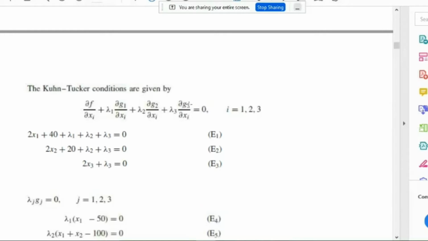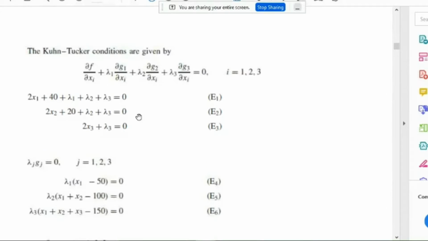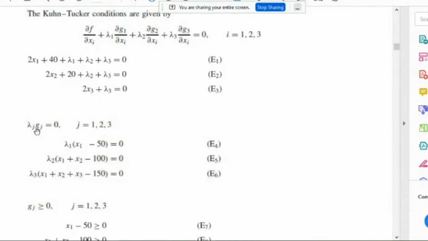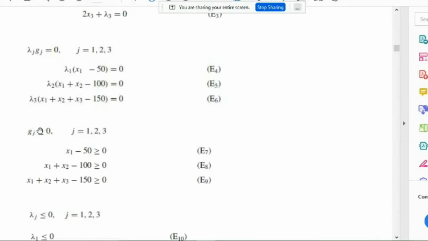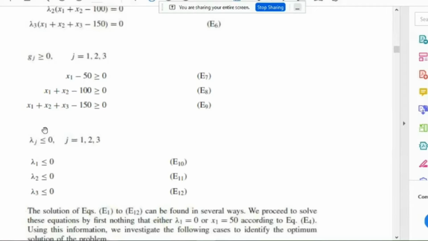With respect to the first Tucker condition, we may derive 3 expressions, and with respect to lambda j, the second Tucker condition, again 3 expressions can be obtained. With respect to the third Tucker condition, again 3 inequality expressions can be obtained, and with respect to the fourth Tucker condition, again 3 inequalities can be expressed, right?